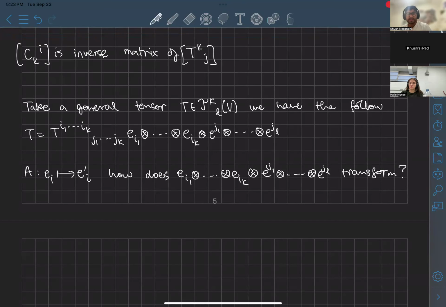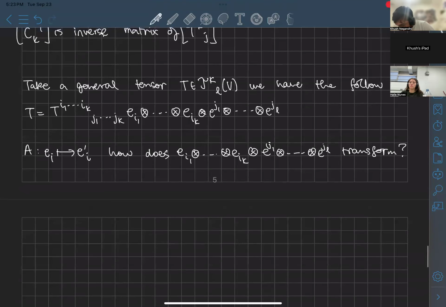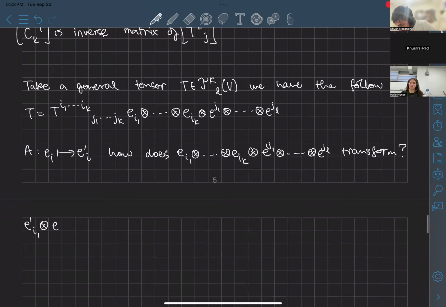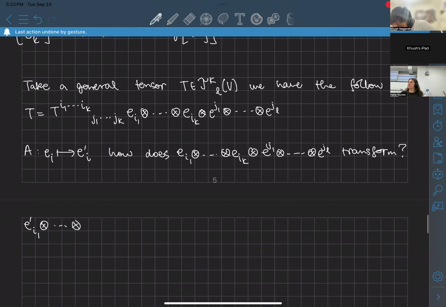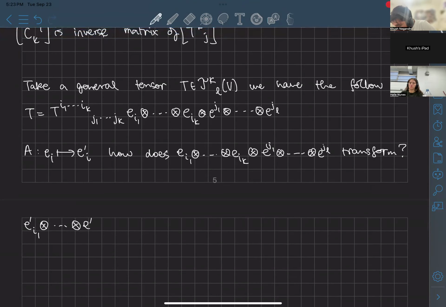The best way to do it is just write it out. So e'_{i1} tensor up to e'_{ik} tensor e'^{j1} tensor up to e'^{jl}.